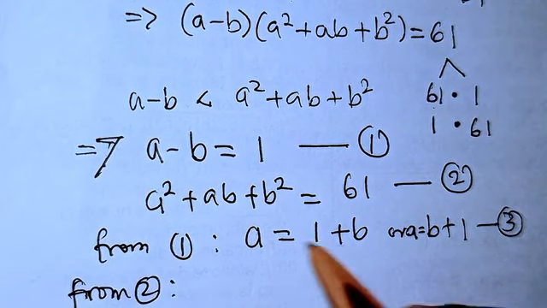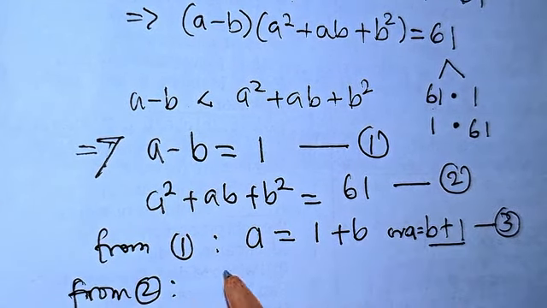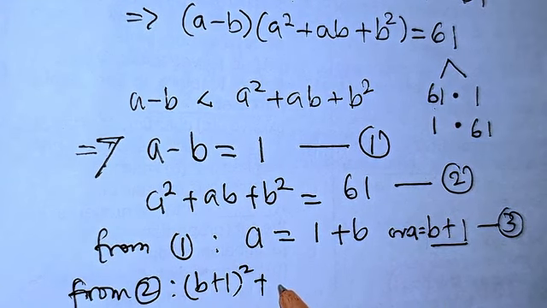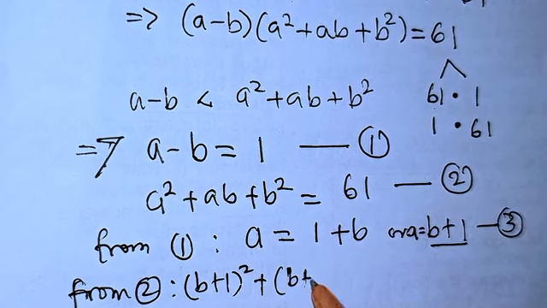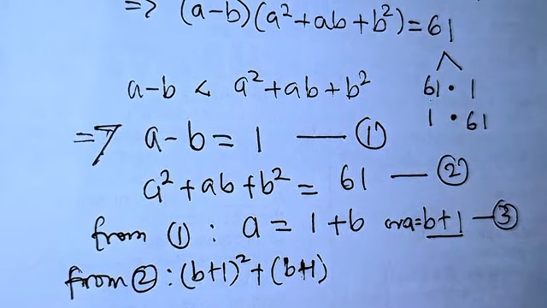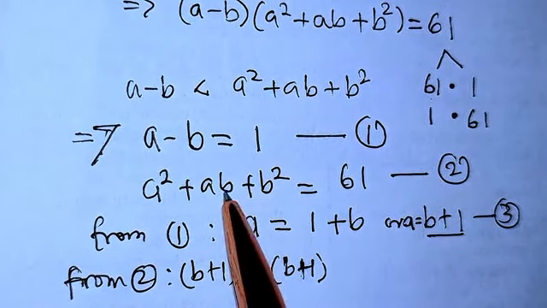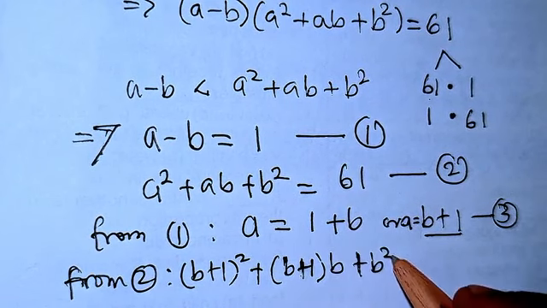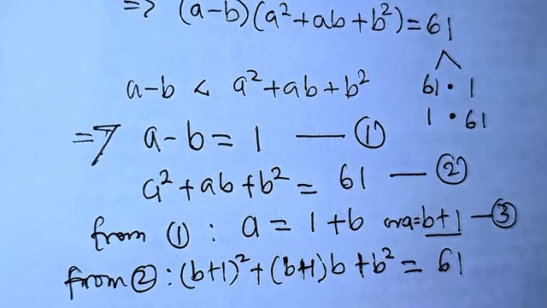From equation 2, anywhere we see a, we replace it with b plus 1. We have b plus 1 all squared, plus b plus 1 times b, plus b squared equals 61.